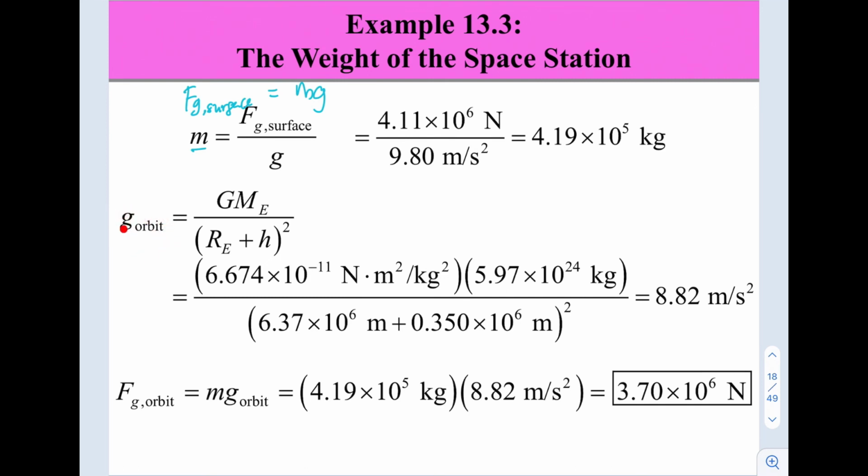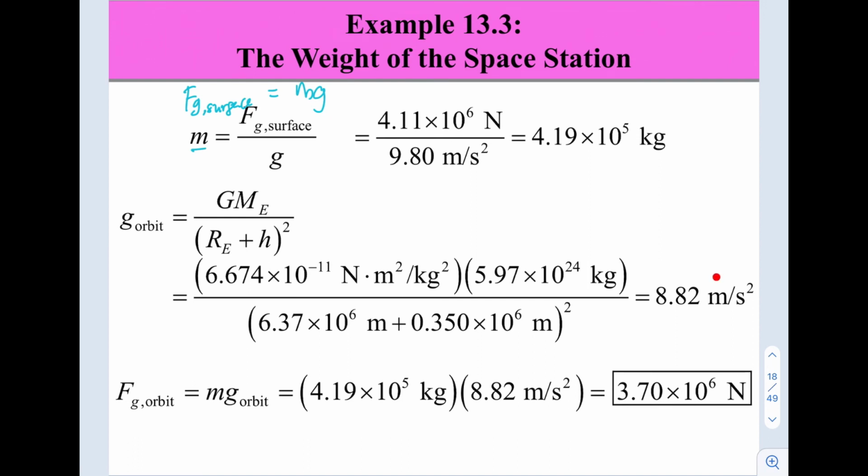Next, we need to know the g the space station experiences within its own orbit. The formula for g is capital G, mass of the Earth, over R, center to center, squared. So R, the distance between the space station and the center of the Earth, must be the radius of the Earth plus the altitude or the height of the space station, everything squared.